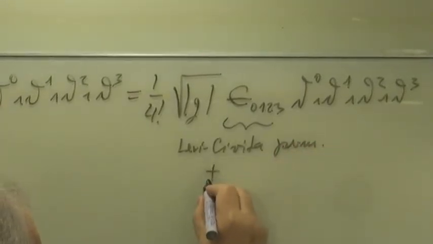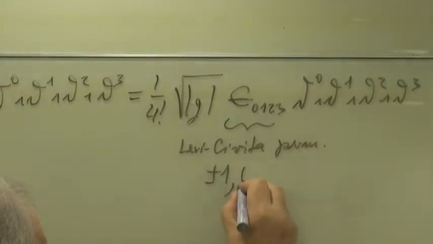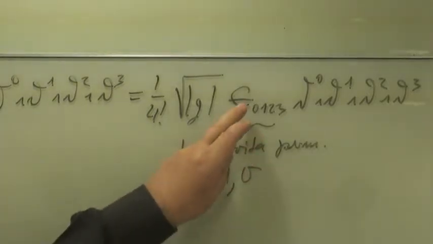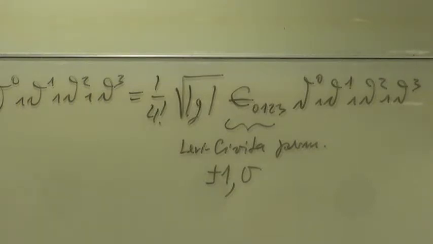So it's plus or minus 1 or 0, depending on whether the indices are even or odd or no permutations of the numbers 0, 1, 2, 3.